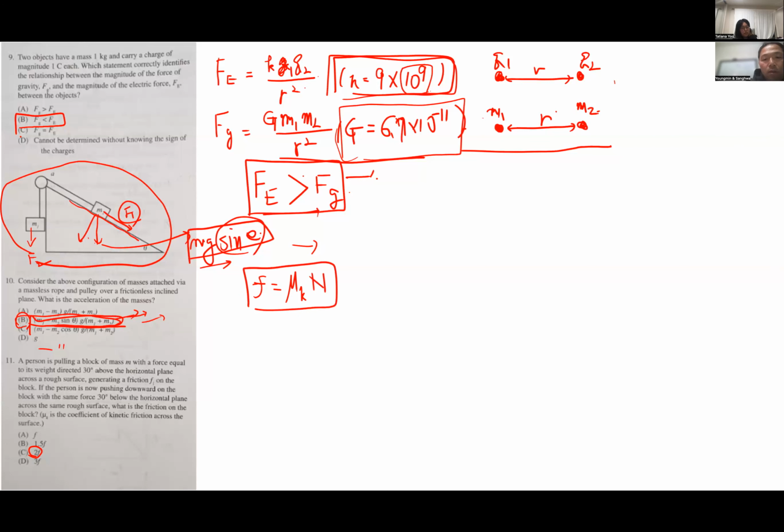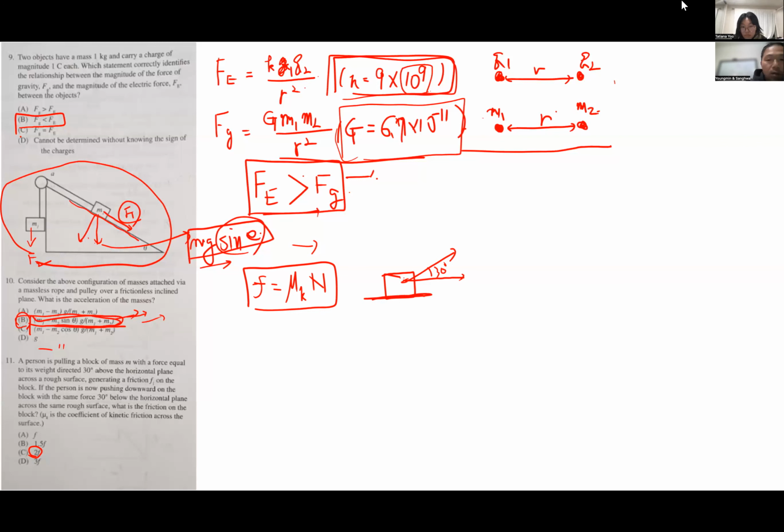So now you have a block and the person pulling the block at 30 degrees above the horizontal direction on the surface. So there should be two forces.